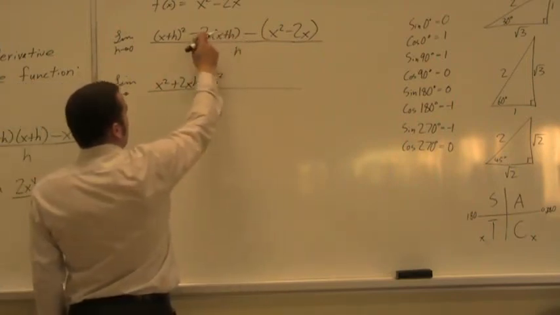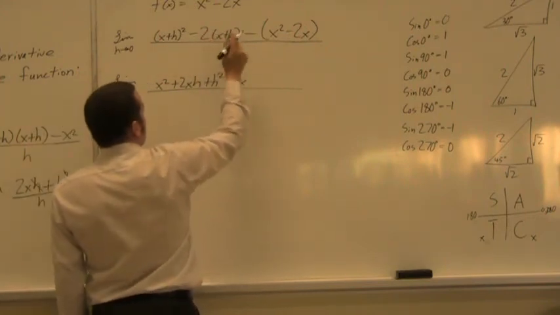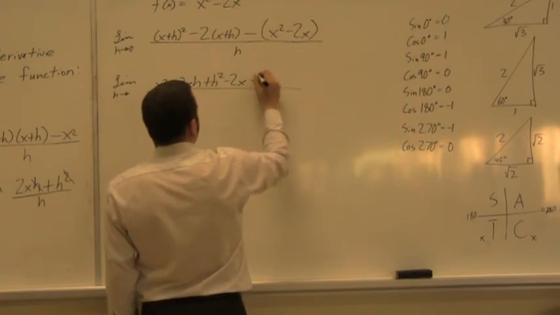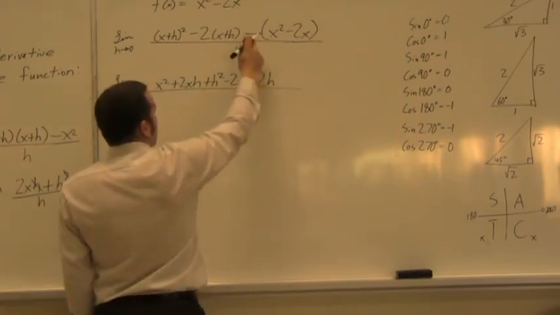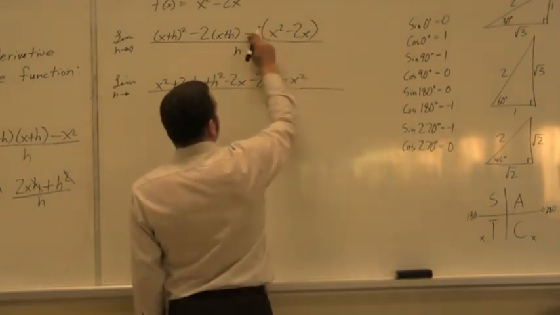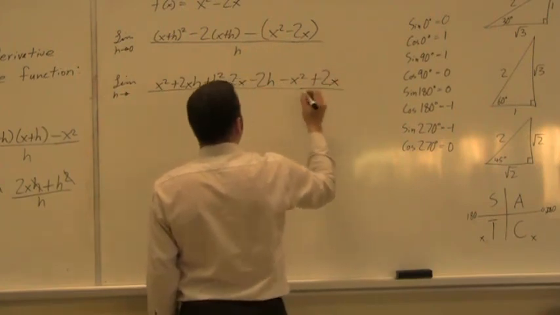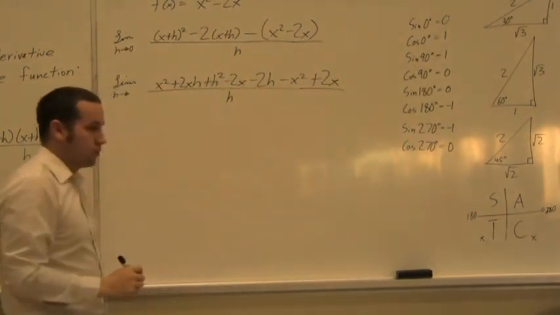If I multiply this out, negative 2 times x gives me negative 2x. Negative 2 times h gives me negative 2h. Subtracting x squared. Subtracting a negative 2x turns it into add a 2x. All divided by h.